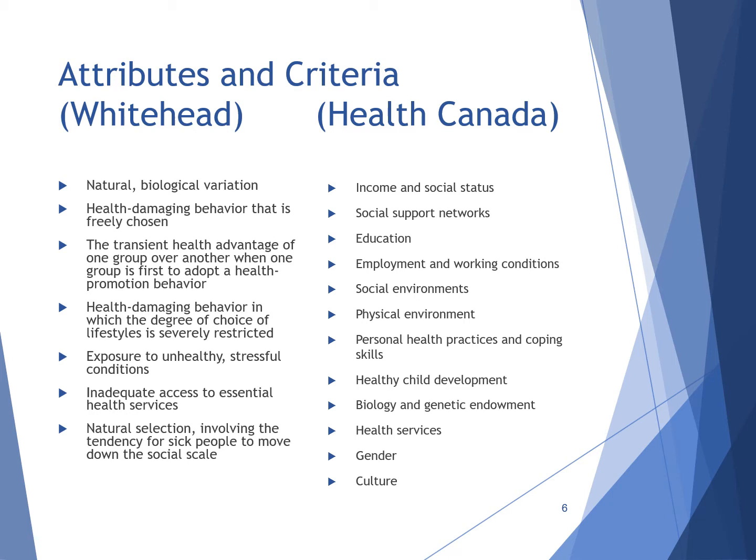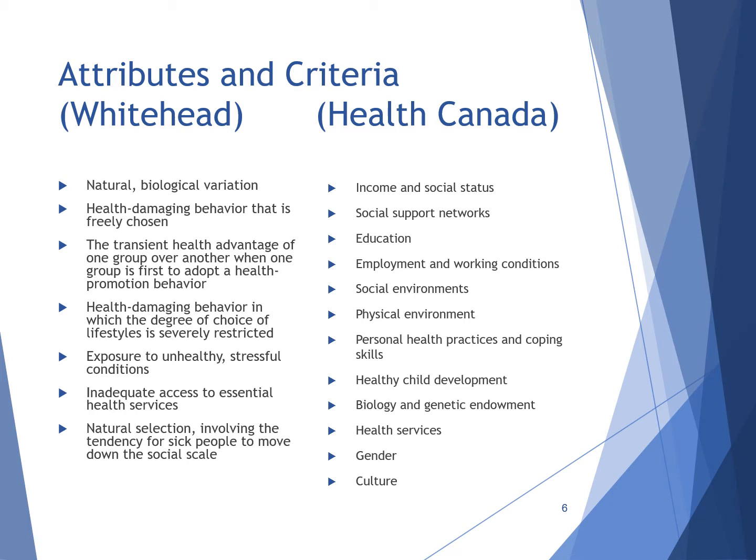We can have the natural or biological variations, health damaging behaviors that are freely chosen. We may see the transient health advantage of one group over another when one group is first to adopt a health promotion behavior.